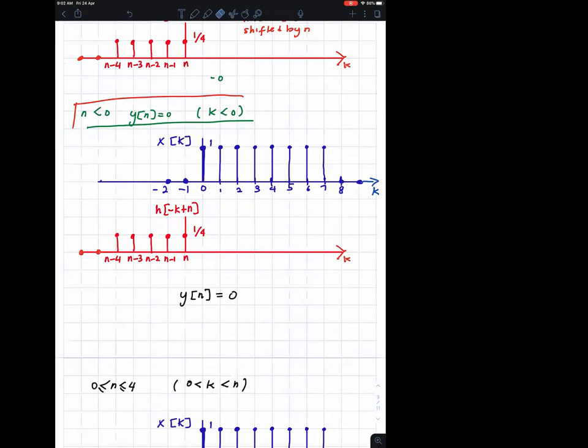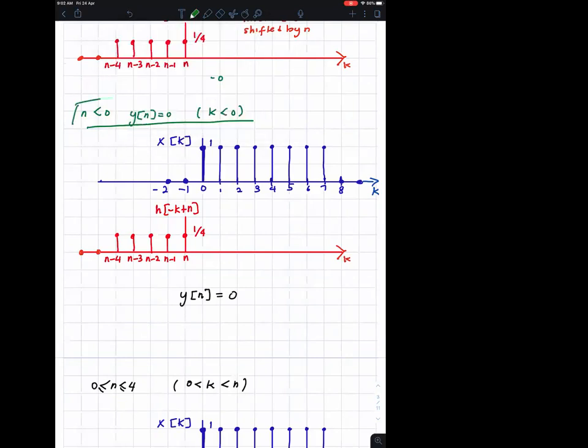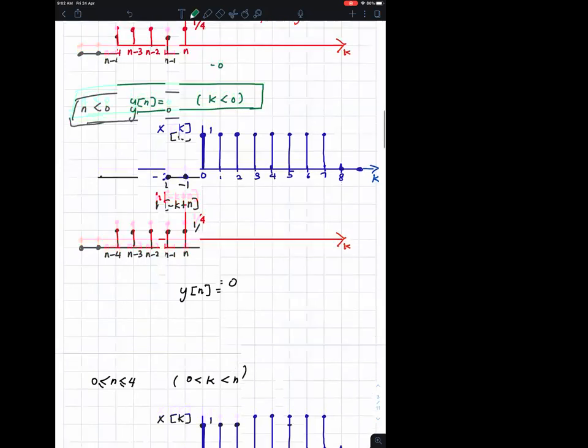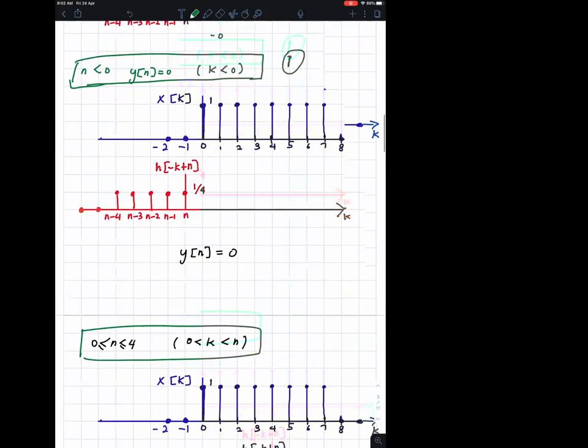So this is the first part of the evaluation when there's no overlap. This is the second part of the evaluation when there's an overlap. I just put here 1. Sometimes for no overlap, you can just mention verbally: there's no overlap, therefore y of n is 0.